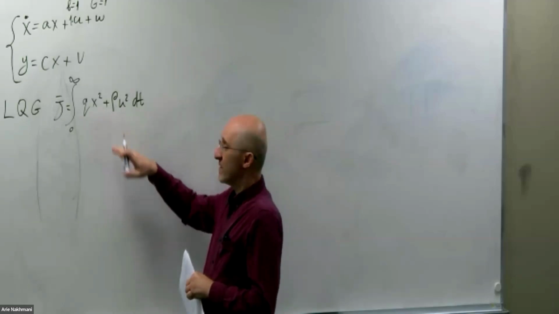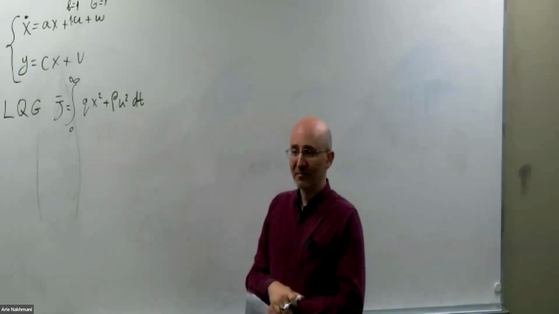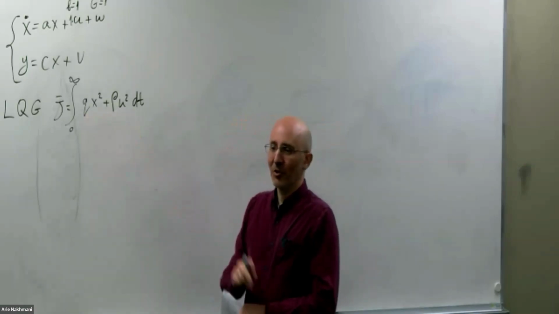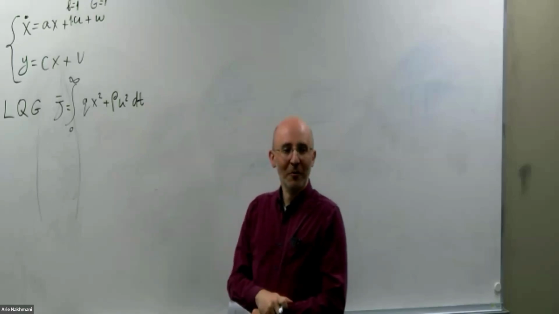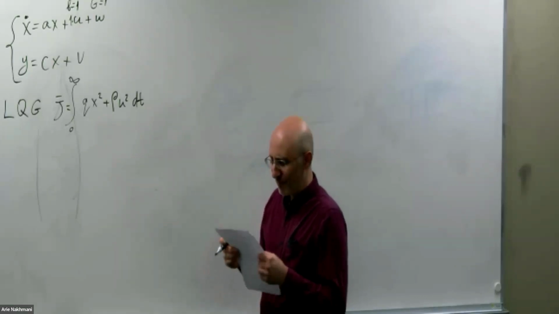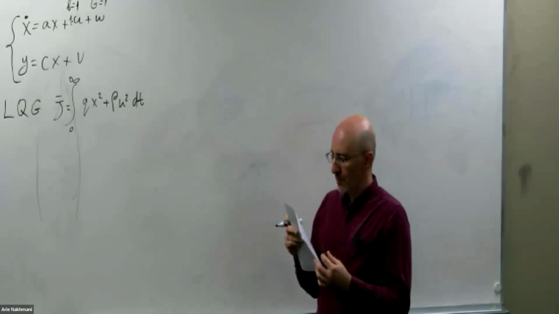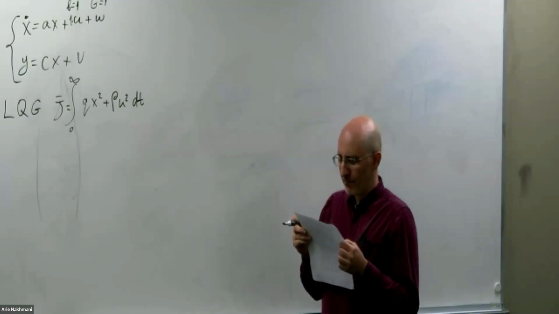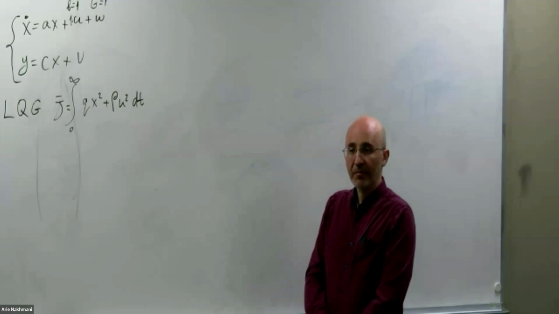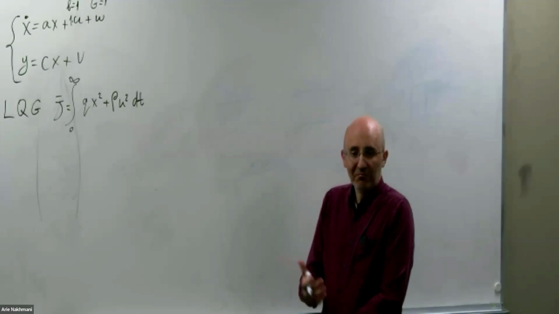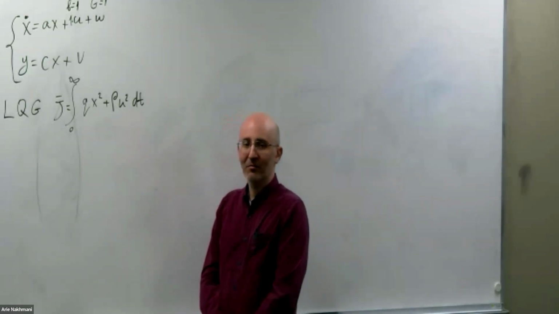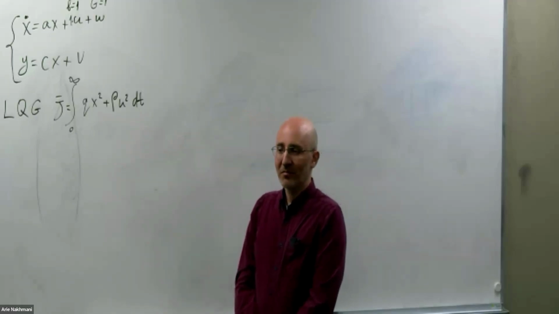Technically speaking, I can use only one of them. Why is that? Why don't I have to have two parameters here? I can use only one and get exactly the equivalent solution. Can you think why I don't need both q and rho, why I can skip one and get exactly the same solution?